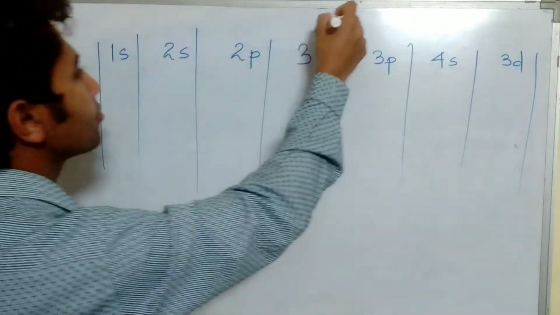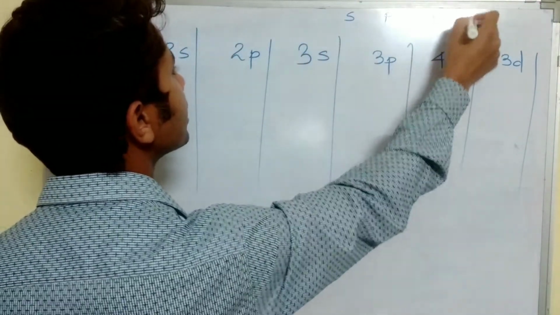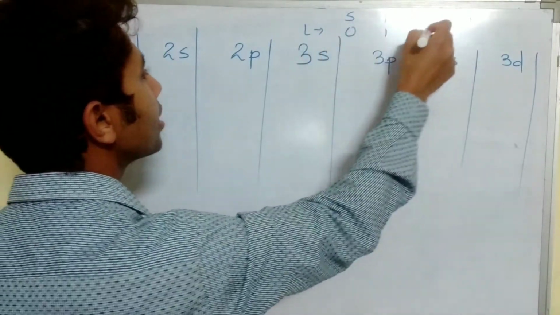Now for s, p, d and f, l values are 0, 1, 2 and 3.